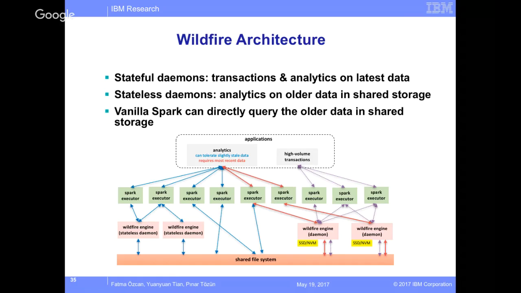And then we also have stateless engine daemons that only do analytics on the older data. And since we're all writing to a shared file system in an open format, even vanilla Spark can access older snapshots of the data.